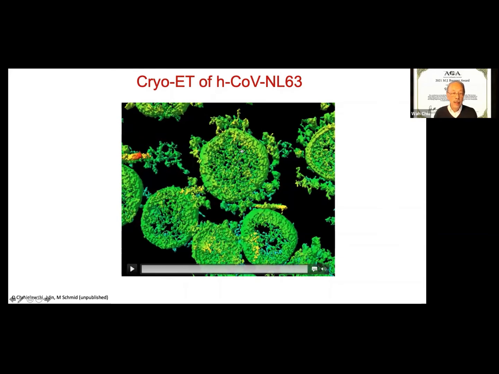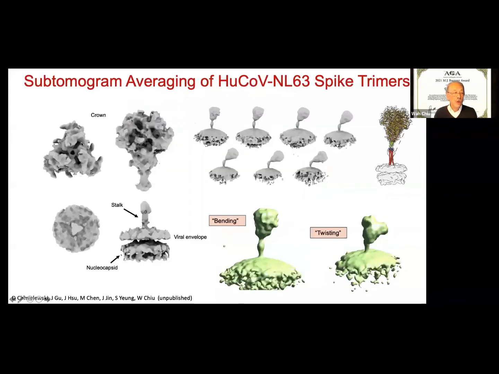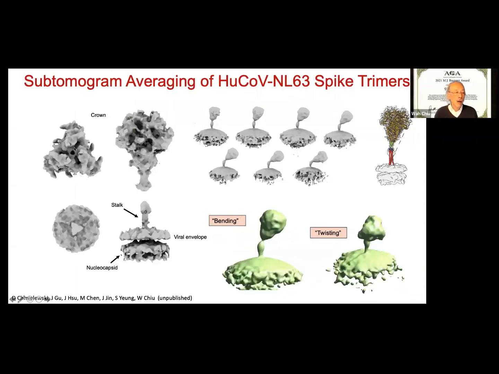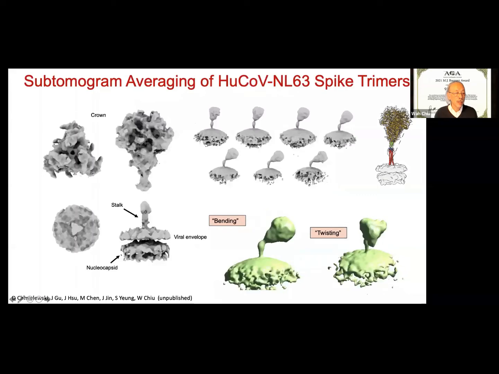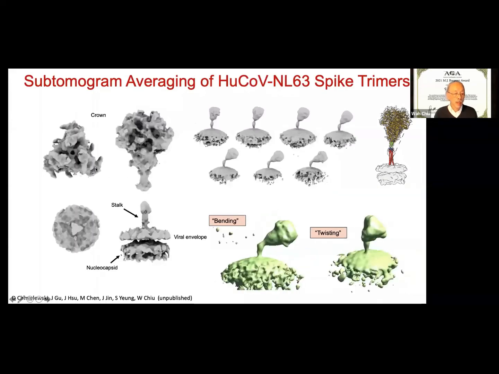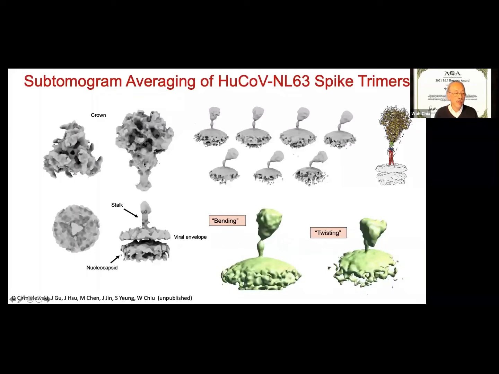So we then used another set of computational methods to extract the 3D volume of each of these spikes on the surface of the coronavirus. The next slide shows what we call subtomogram averages of the crown part of the spikes. Here is the top view, and this is the side view, at around 9 angstrom resolution, by picking a lot of these spikes from the 3D volumes.